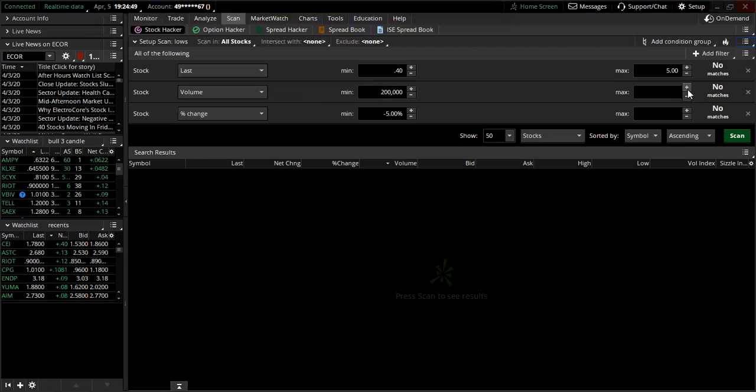And then I just leave the max at unlimited. I don't want it to cut off if it's getting a lot of volume. The more volume, the better. It also goes off of percentage change. So say the stock went down 5%, it's going to let me know that also, to let me know if there's a dip buy opportunity, but mostly I don't think it uses this percentage change too much.